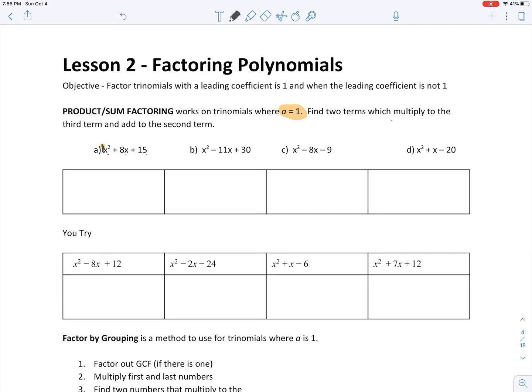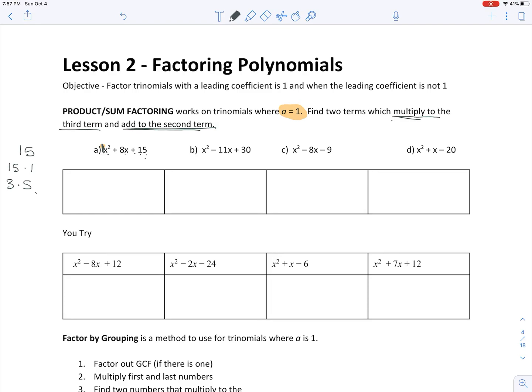So what we have to do is find two terms which multiply to the third term and add to the second term. In other words, I need to find two numbers I can multiply to get 15. So I could do 15 and 1, I could do 3 and 5, and that's about it. Now, of those factors, which will add to get 8?